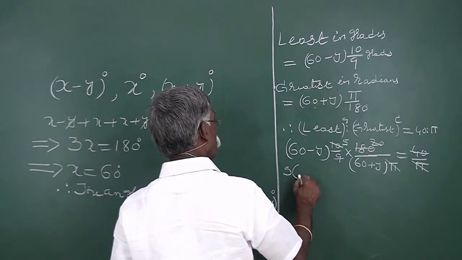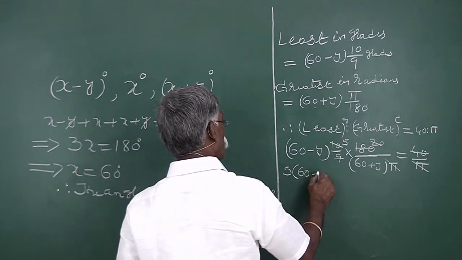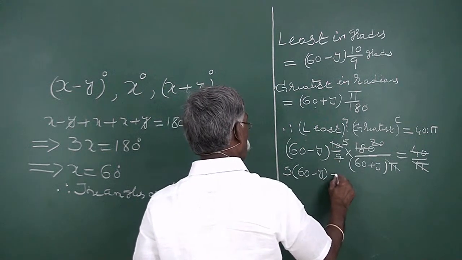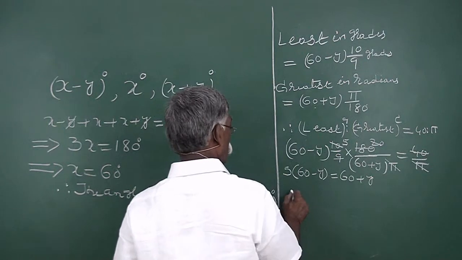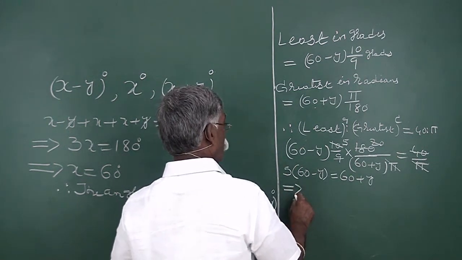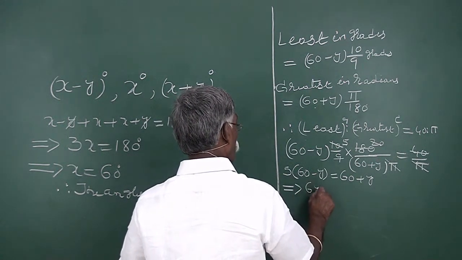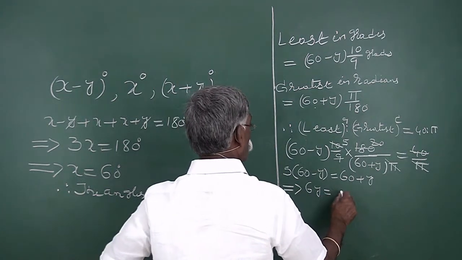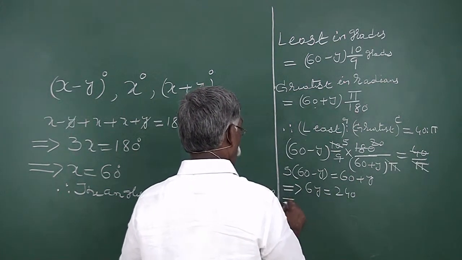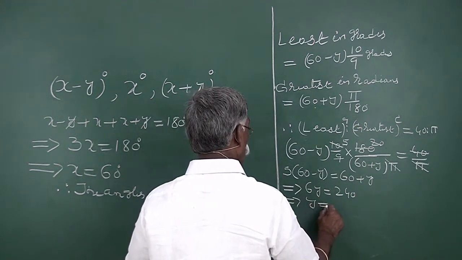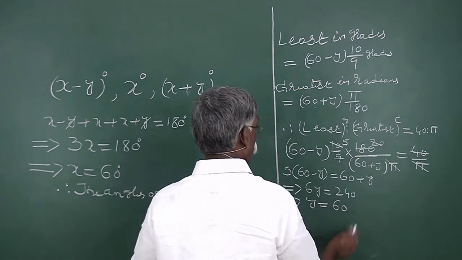So this implies 6y is equal to 240, thereby y is equal to 40.